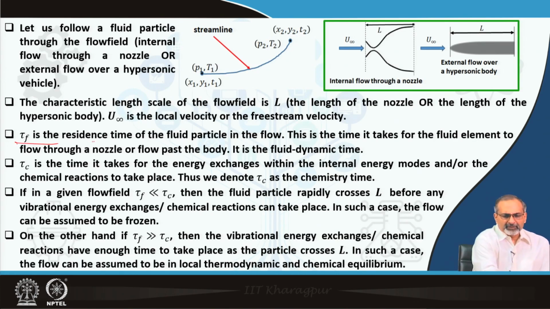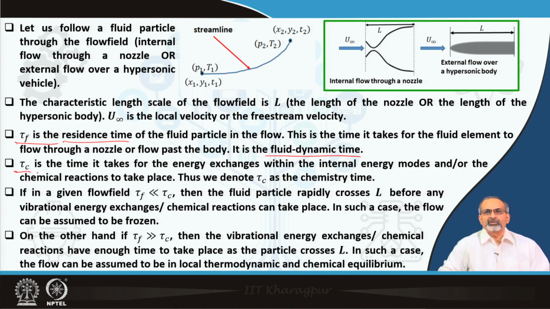And tau f is the residence time of the fluid particle in the flow field. This is the time it takes for the fluid element to flow through a nozzle or flow past the body that we just saw. It is basically the fluid dynamic time that we are talking about. Tau c is the time it takes for the energy exchanges within the internal energy modes and the chemical reactions. It is the chemistry time that we already mentioned.